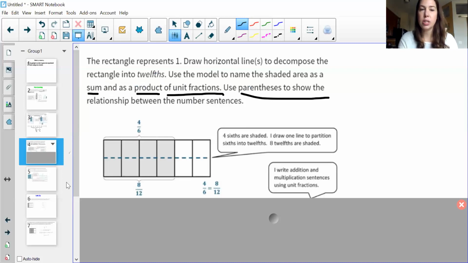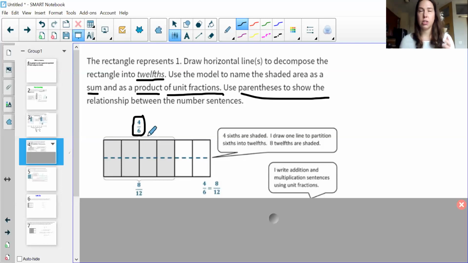So if we imagine the dotted line isn't there, let's find out what fraction that is. So we have 1, 2, 3, 4, 5, 6 pieces, and 4 of them are shaded. So we're starting with 4/6. That's our original fraction. Now the directions say we need to make 12ths.